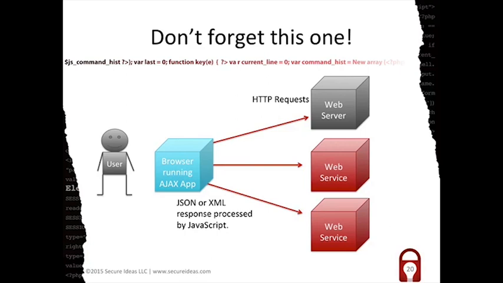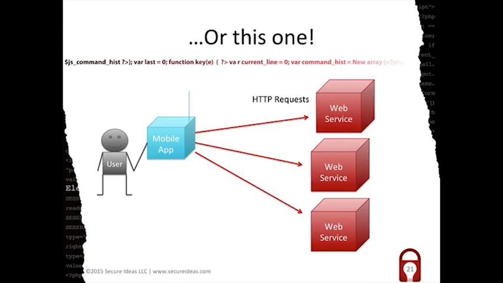And it's talking to a web server, but then it's also talking to some web services in other places as well, or maybe even on the same web server. And then you have, of course, mobile devices. I couldn't really come up with a good picture for a mobile device. But basically, your mobile applications will often talk in terms of web services, and sometimes they exclusively use web services.